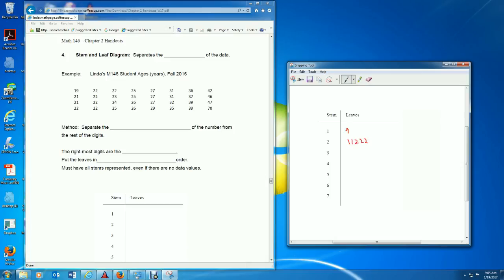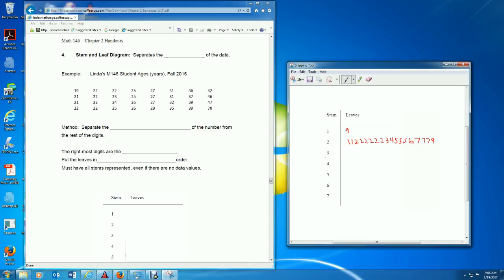Then I have a 23, a 24, 3 25s, 26, 27, 27, 27, and 29.